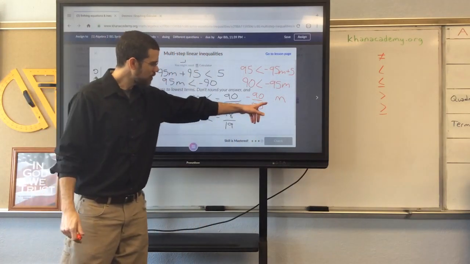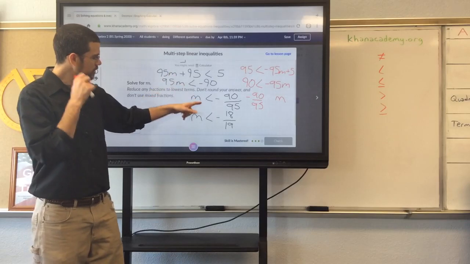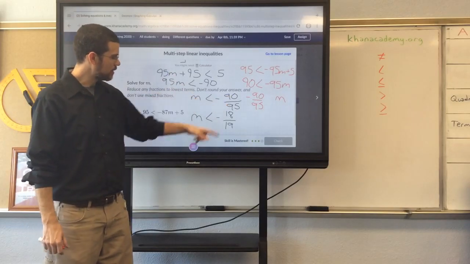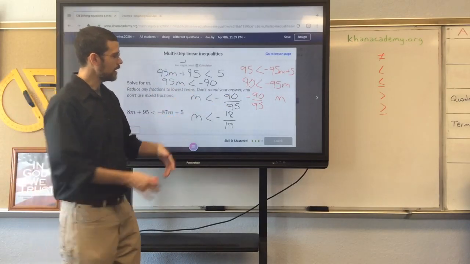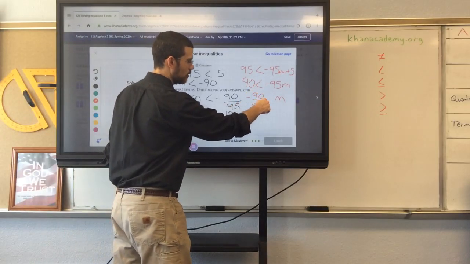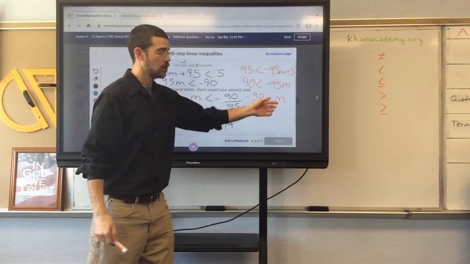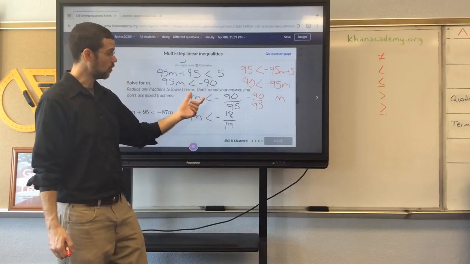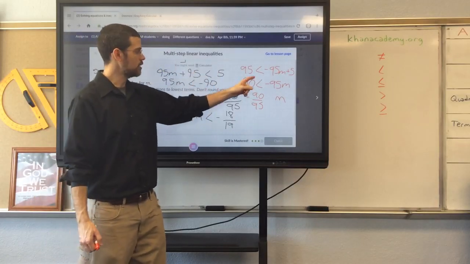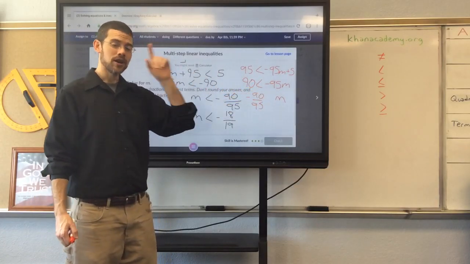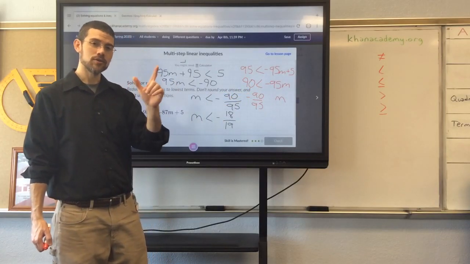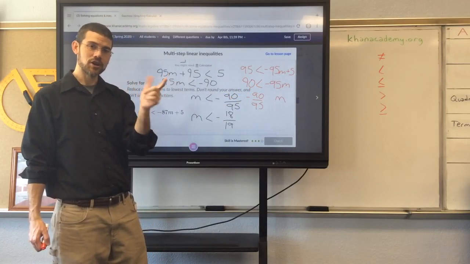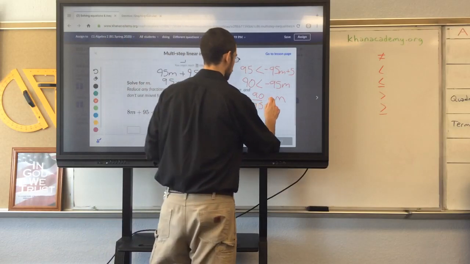But what should my sign be? When I did it this way, I have m is less than that amount. I can't just keep that symbol going this way, because that would mean that m is on the greater side, and this is on the less side. So if you're going to divide by a negative number, you have to remember that you'll have to switch the direction of your inequality sign.